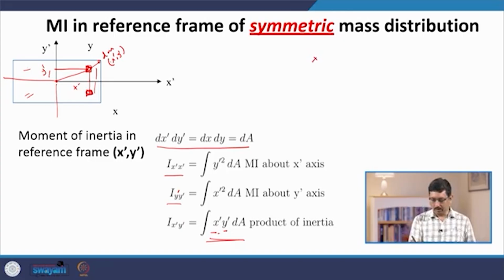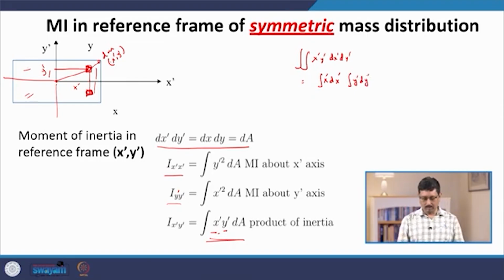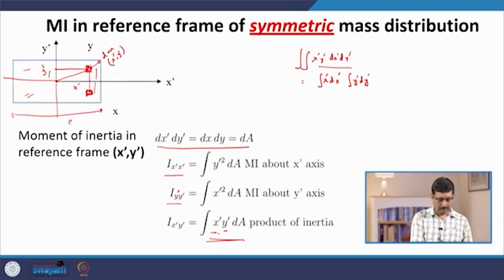When I do x prime y prime dx dy, since x and y in this particular case form a rectangular distribution, x and y are independent. So, this is the integral of x prime dx prime times the integral of y prime dy prime. Now, let us say that this length is a and this side is b.